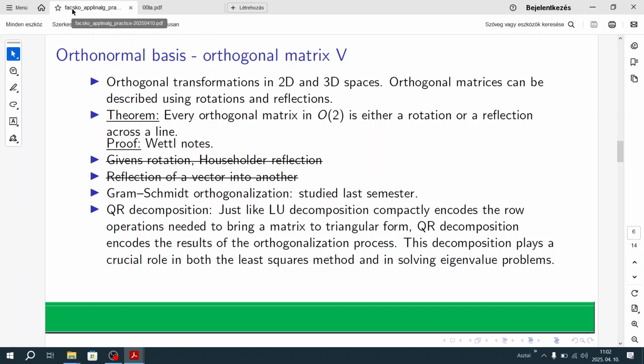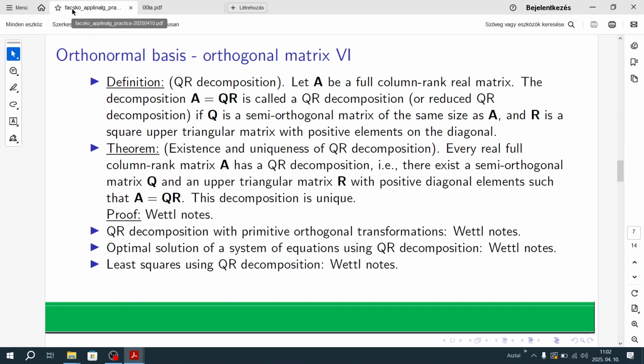With this Gram-Schmidt orthogonalization, you can do the same as you did with LU decomposition. You do the steps of the Gram-Schmidt orthogonalization, note them, and build matrices. The process gives you two matrices.